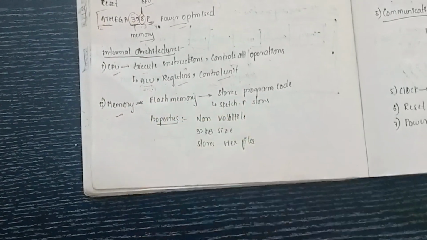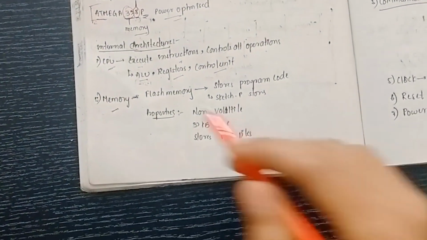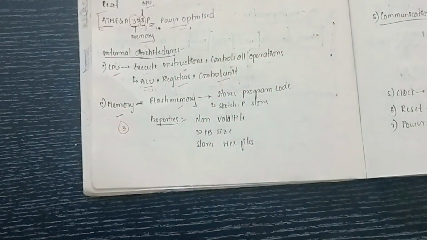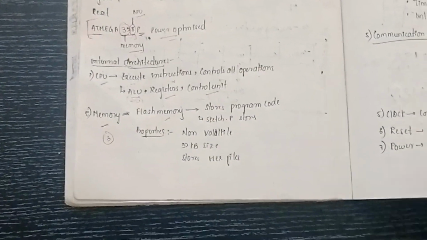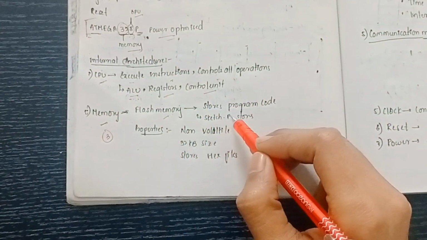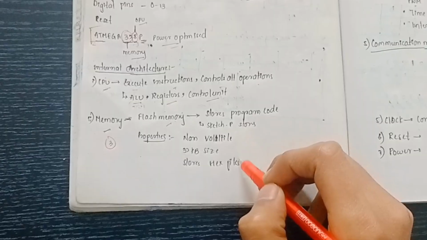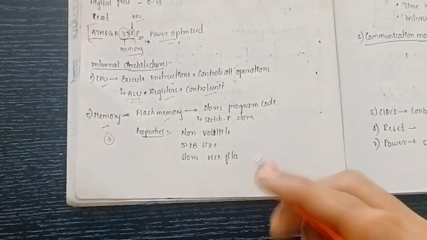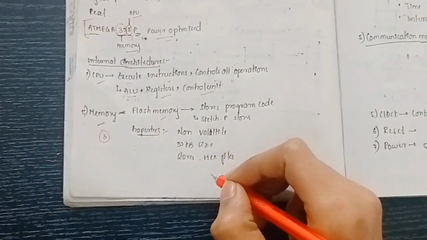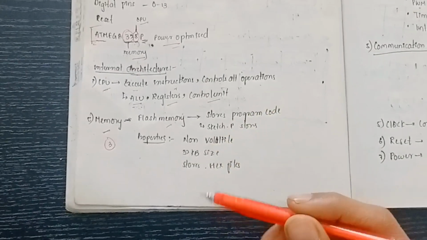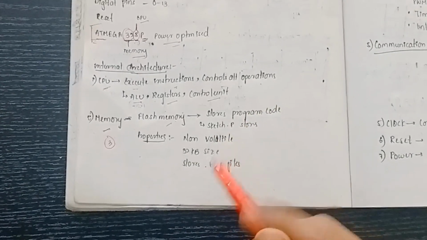Memory of ATmega. There are 3 types of memories: flash memory, SRAM and EEPROM. Flash memory stores the program code. You might notice .hex files during the execution of Arduino code in the Arduino IDE.